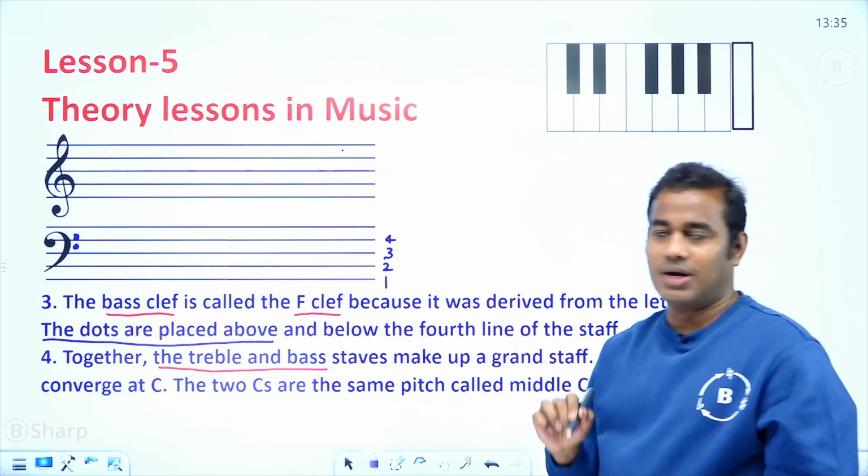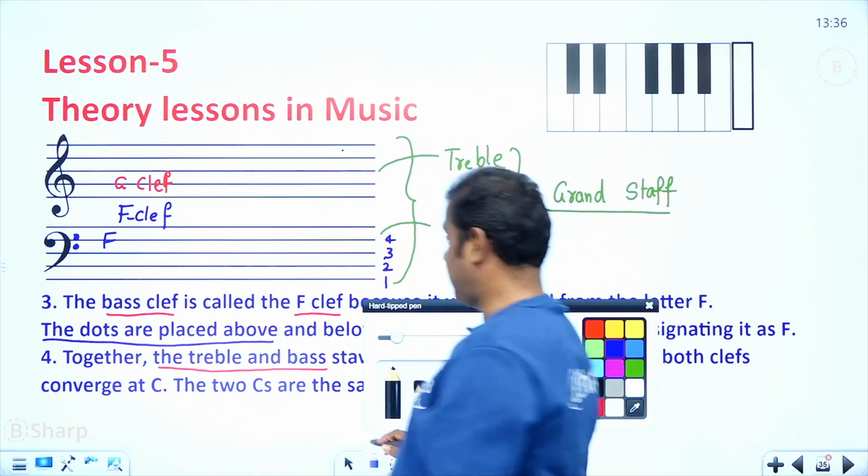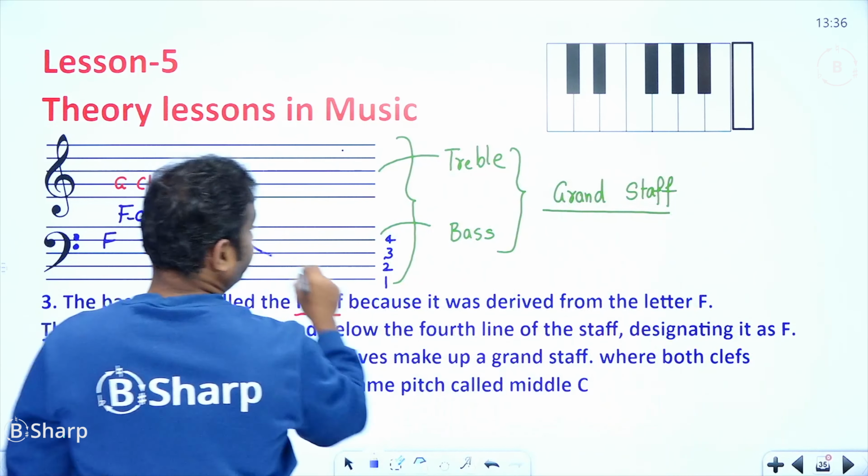In the F clef, usually what we do is design chords. If you want to have a rhythm, etc., for that we'll be mostly using the F clef.